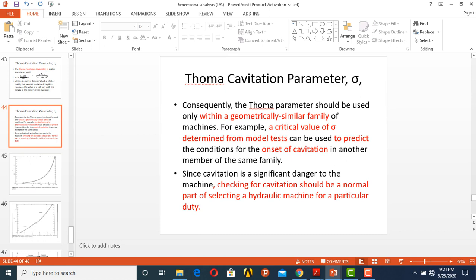There is always a graph at the bottom of the characteristic curve which shows the net positive suction head required at different operating points, so that you don't experience cavitation or you reduce it.